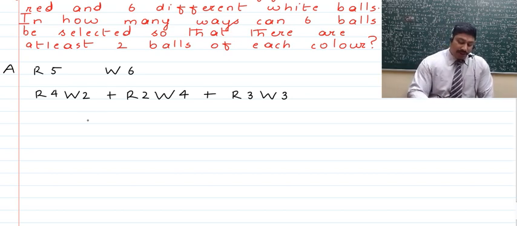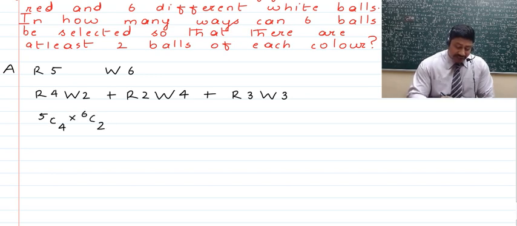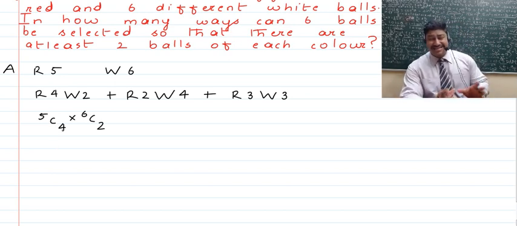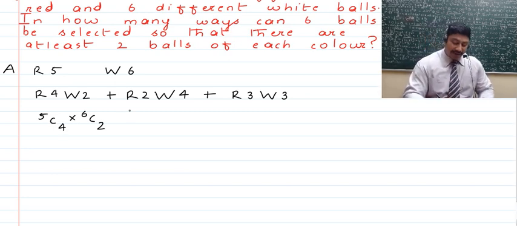Now 4 balls from 5 balls can be selected in 5C4 ways, right? And 2 white balls from 6 white balls can be selected in 6C2 ways. And since each of these are going to be corresponding with each other to get the total number of balls, which are 6 in number each with every case, there has to be a multiplication in between.